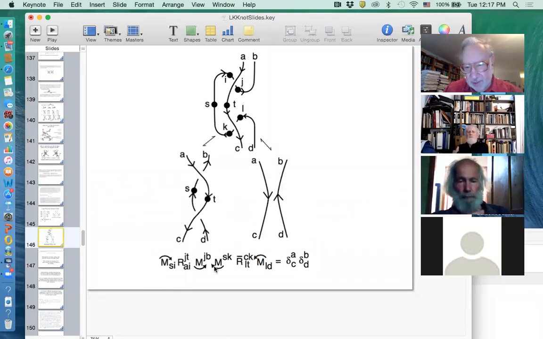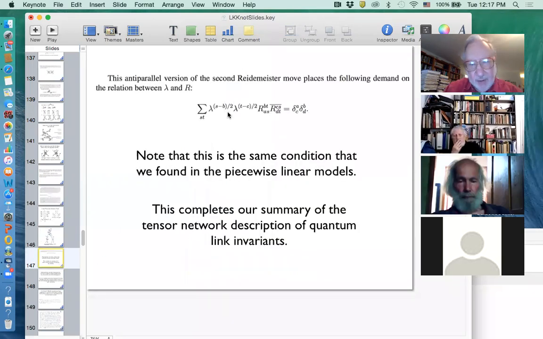And you end up with this. If you then translate that into what you get when you have the lambdas for the cups and the caps, you get an extra condition, which is similar to the Markov trace condition, for the R's to satisfy in order for the model to work. And once this condition is satisfied, then the model will work and it will be an invariant of regular isotopy.